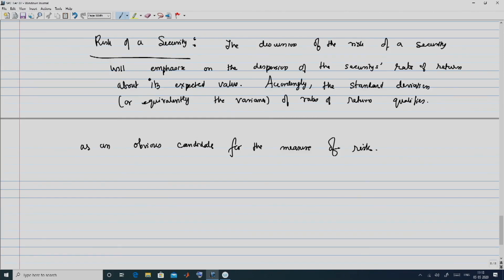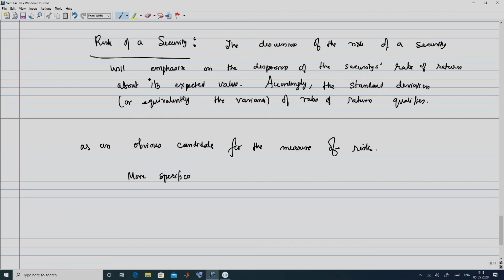So, we will mostly be using the variance or equivalently the standard deviation as the measure of risk. Please take into account that we will use both the standard deviation and the variance depending on the context, and it will become obvious from the specific discussion which of these two is being used as the measure of risk at that point of time.